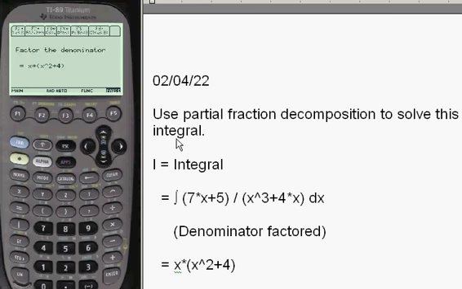One thing I wanted to say: before you do any integral problem, when you have a fraction and you want to integrate it, the first thing you do is see if you can factor the denominator. If you can factor it, then you're into partial fraction decomposition. If you can't, then you need to check next whether it's use substitution. For instance, if this was in the denominator, the derivative of x squared is 2x dx, okay?